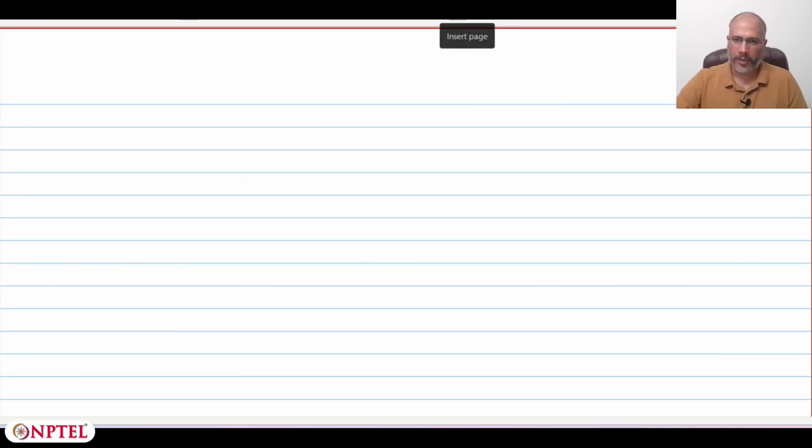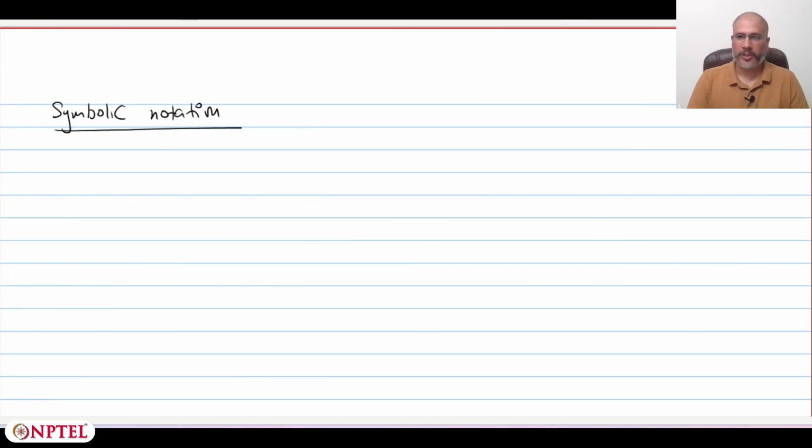Right, so let's now talk about symbolic notation. As we said, symbolic notation is where we use an arrowhead for the vector. For tensors, we'll be using 2 lines, or we use a bold symbol for both vectors and tensors.